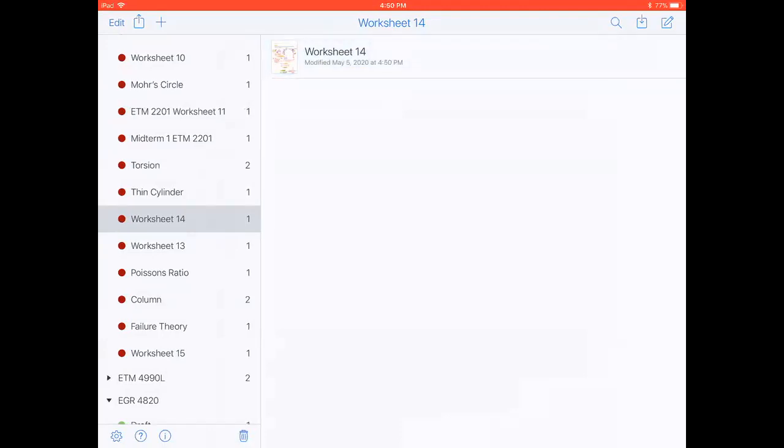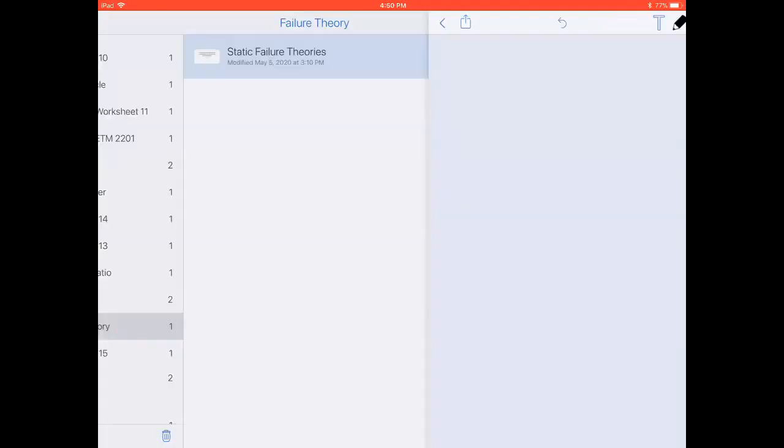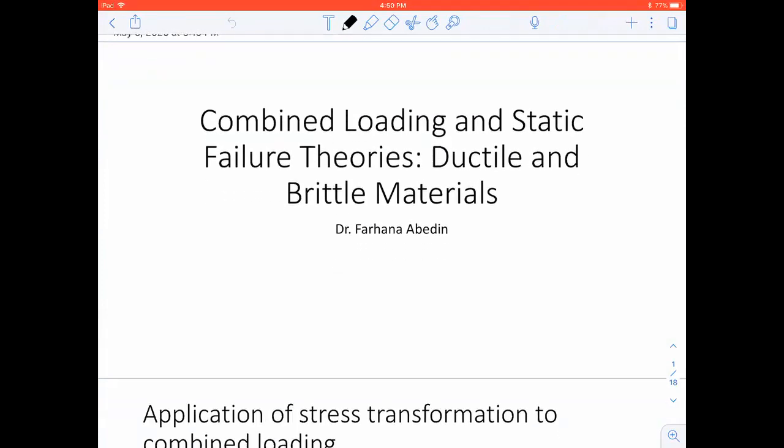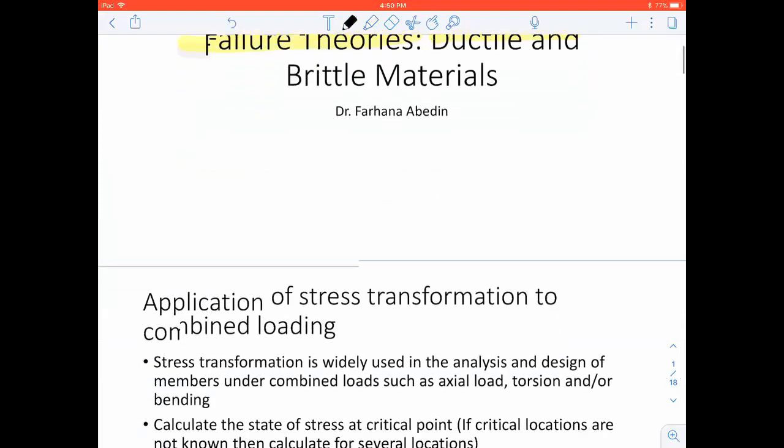I will be posting it on your Blackboard: the combined loading and static failure theories. We're going to just touch upon it, because we're going to start off our machine elements class with this. I'm going to give you an overview of it.